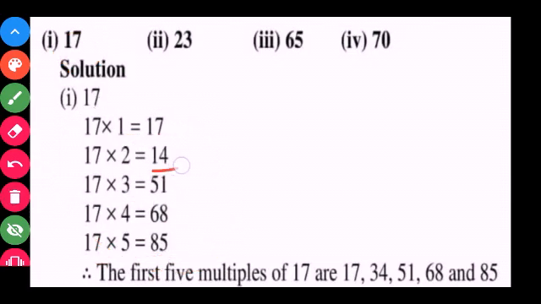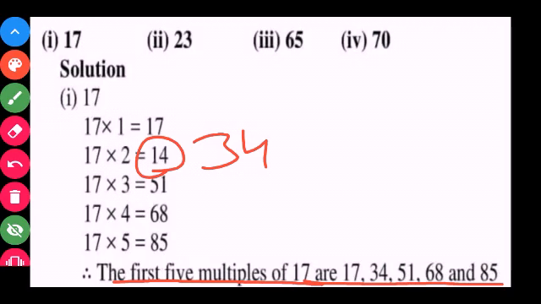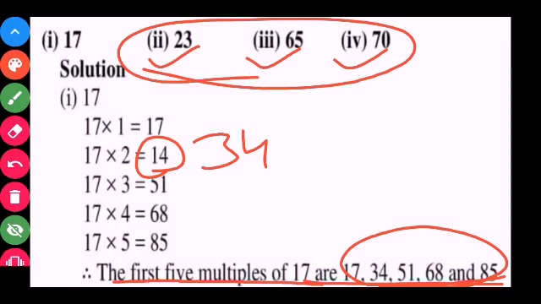Sorry, this is a misprint, 17 into 2 is 34. So the first 5 multiples of 17 are 17, 34, 51, 68 and 85. Similarly, you can find multiples of 23, 65 and 70. This is your homework.